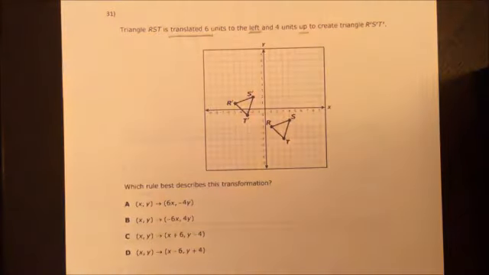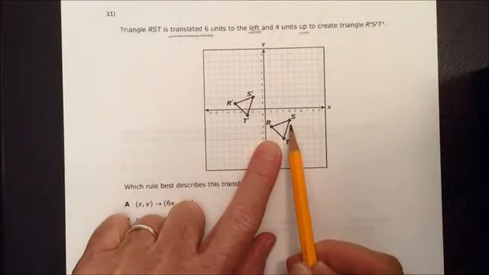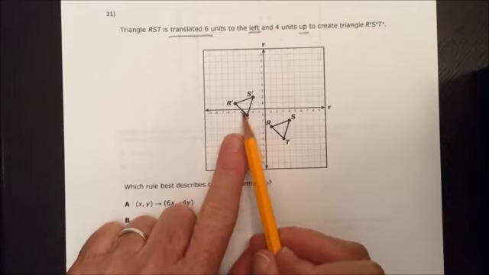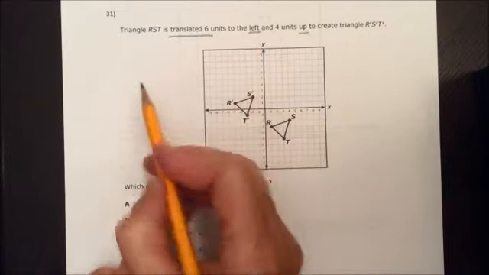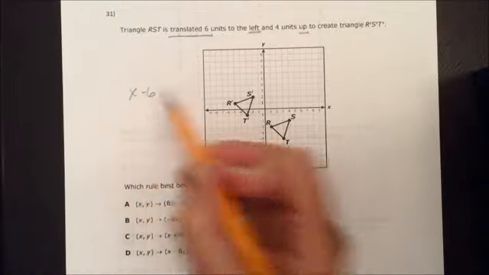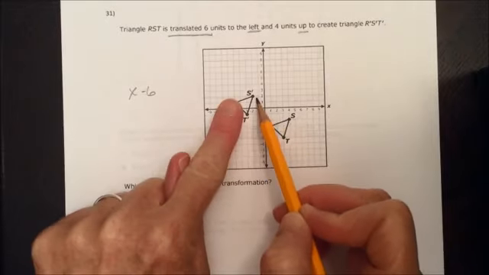Okay? Since this one is sliding left, so here's the original figure, here's the prime. It's going left. The numbers are getting smaller, so we're going to subtract 6 to the left. So minus 6. And then after it goes left, it's going to go up.